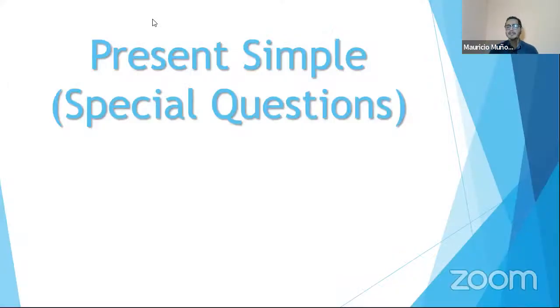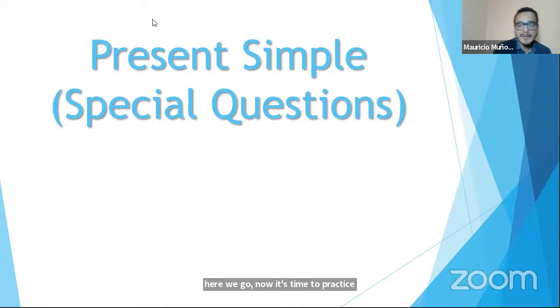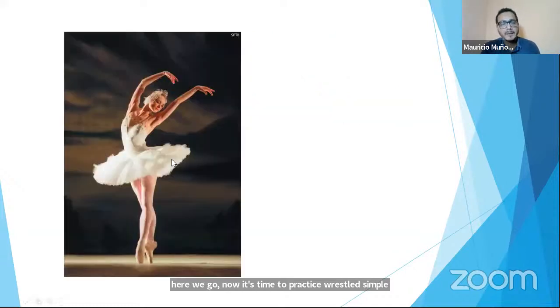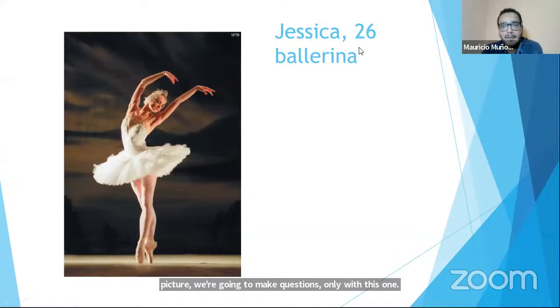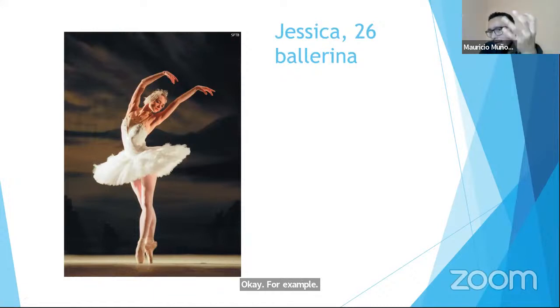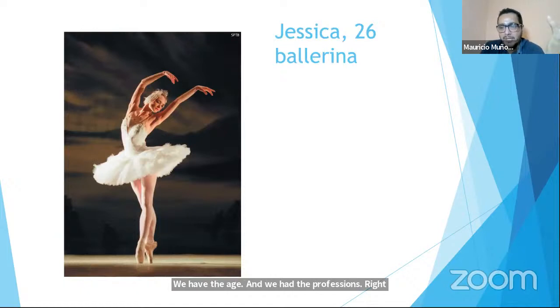Here we go. Now it's time to practice. Present simple, more exercises about how to make a question. Okay, now I want you to look at this picture. From this picture, we're going to make questions. Only with this one. Okay? For example, this is one piece of the information. We have the name, we have the age, and we have the professions, right? 3 different pieces of information.